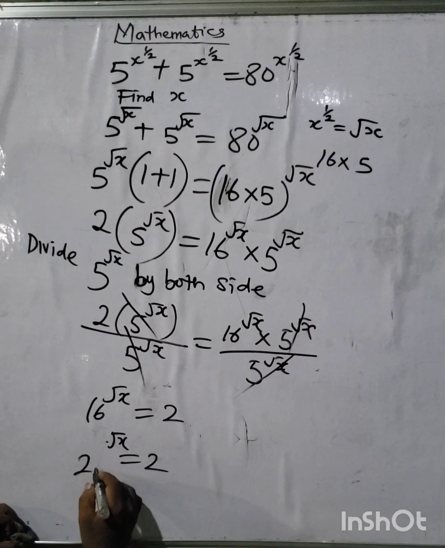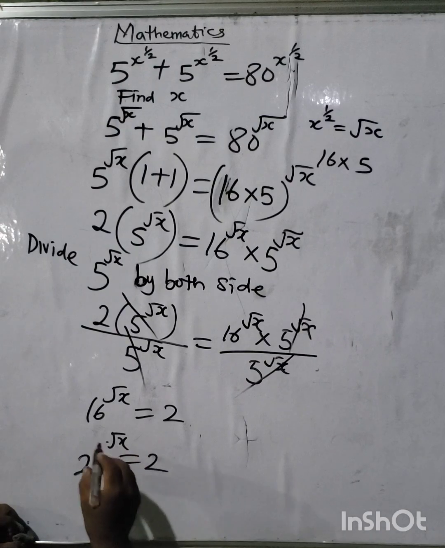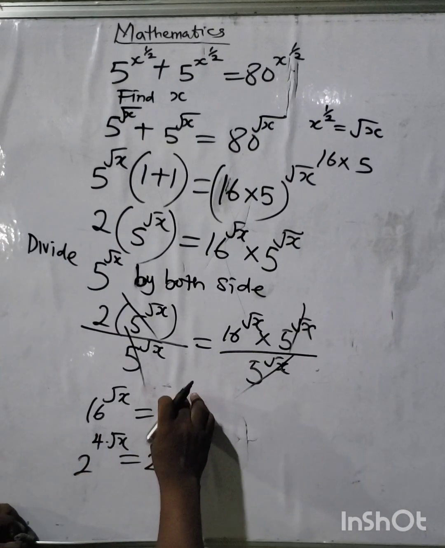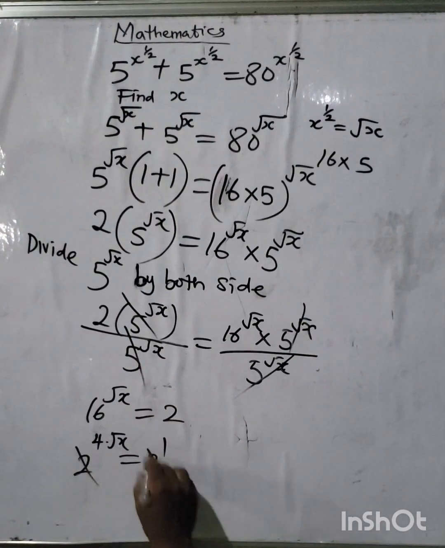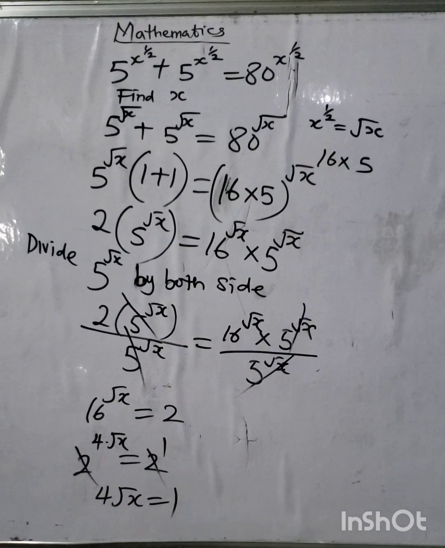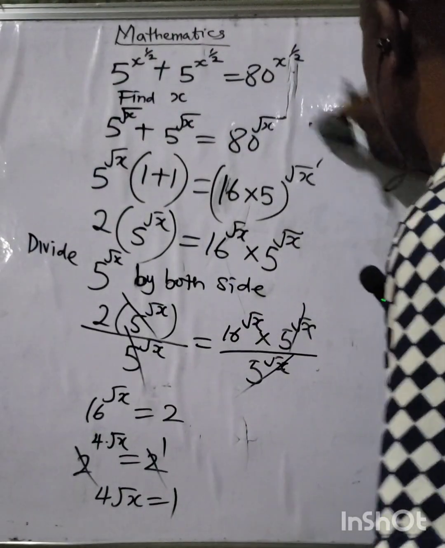This will become 2 in 16, that's 2 times 2 times 2 times 2, which is 2 raised to power 4, equal to, now remember, this one we have invisible 1. The bases are now equal. We can equate the power now. We are left with 4√s equal to 1.